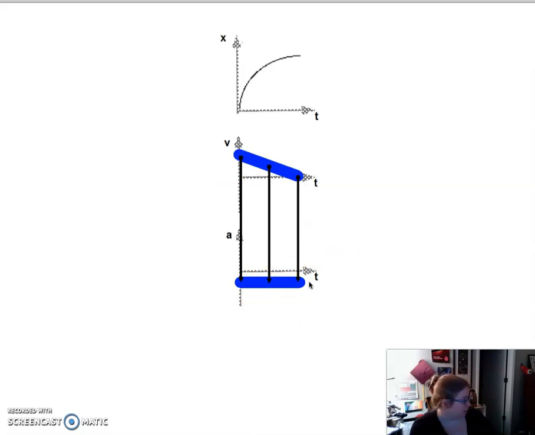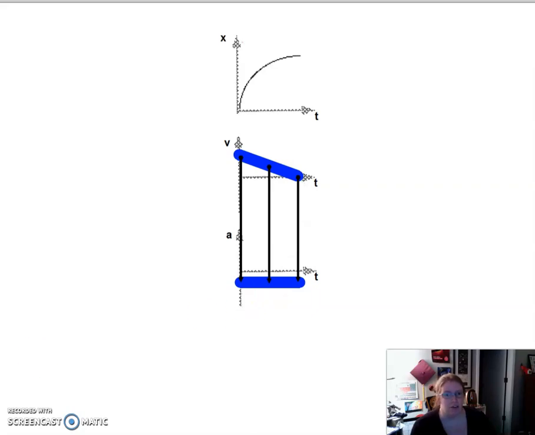Hopefully you're tracking with me. Hopefully you've written this down at the bottom of your notes here on 3.5. And so that's not too bad. Again, we're using this idea that the slope of my position time graph tells me my velocity time graph. Then the slope of this velocity time graph tells me my acceleration time graph.